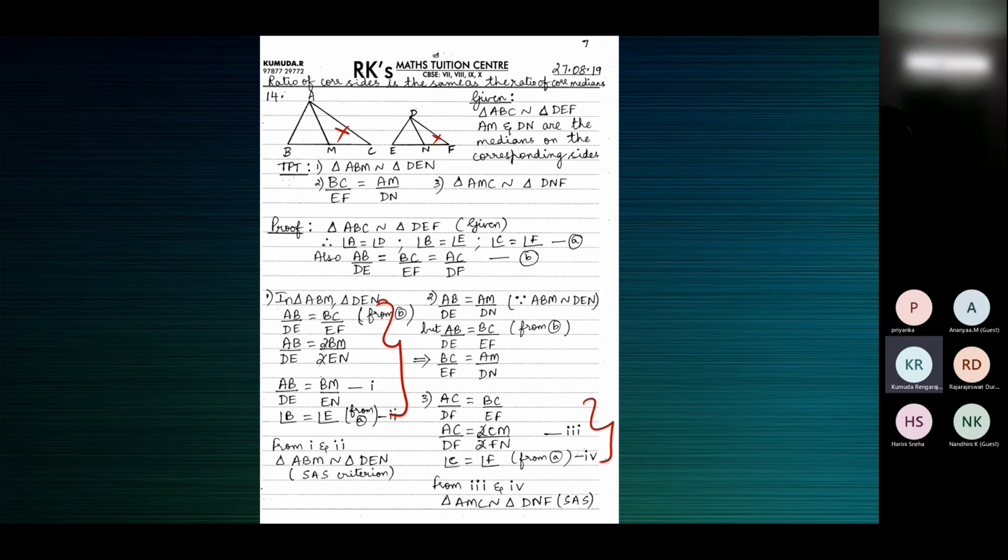In the same way, like you prove the first one, you can prove the third one. But you have many other ways also.